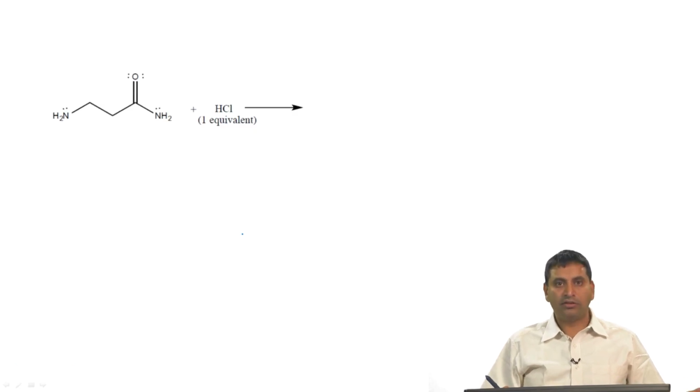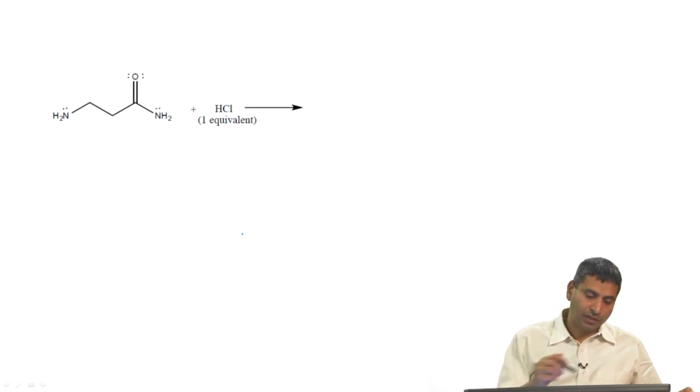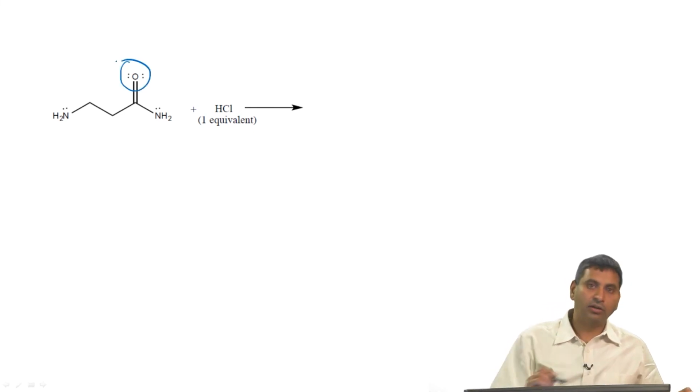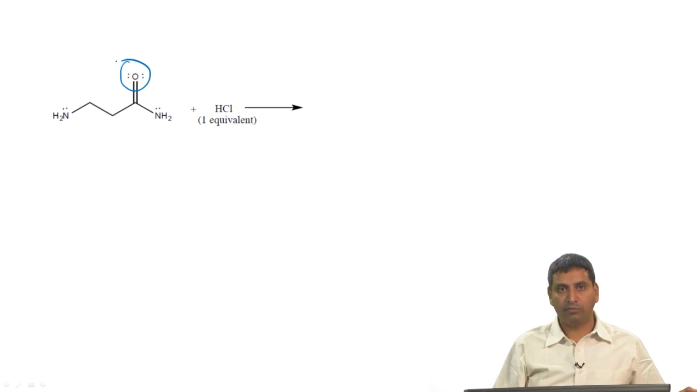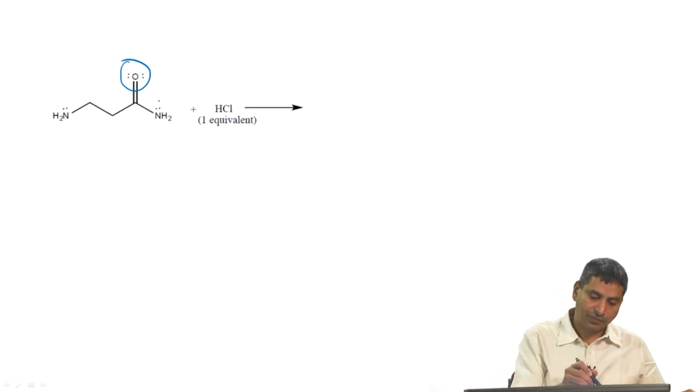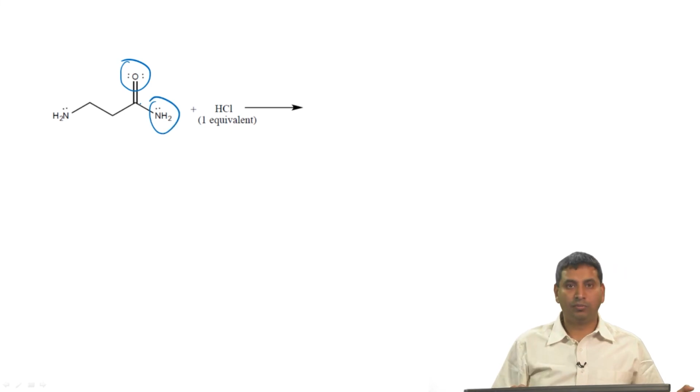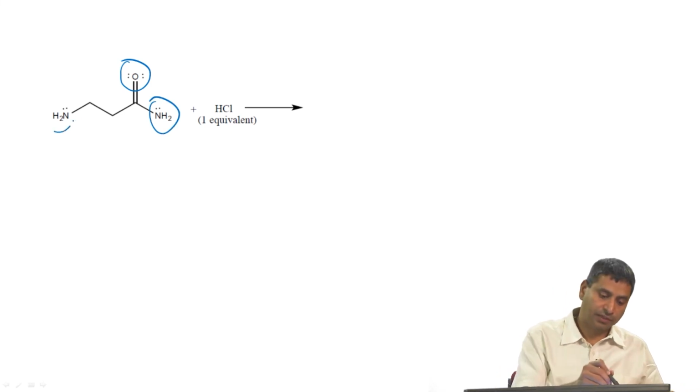Now, with this let us move on to the next question, which is if I take this molecule shown here and I add one equivalent of HCl, which of the 3 lone pairs are going to get protonated. If you look at carbonyl, carbonyl is a base, but it is an extremely weak base. We already looked at an amide whose pKa is somewhere between 0 and 1. So, it is also going to be a weak base.